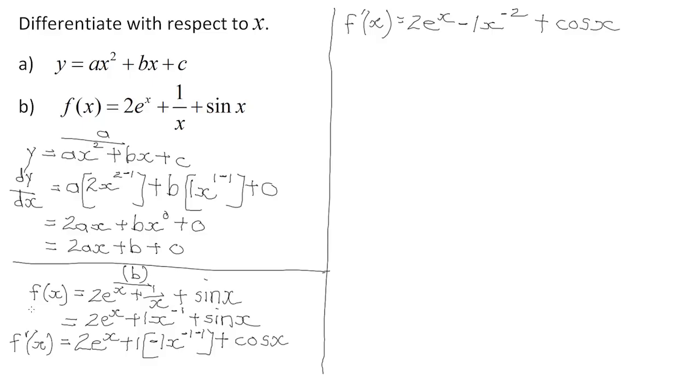In the function, there must be no variable that's part of the denominator. In the derivative, there must be no negative exponent or fractional exponent. In other words, no negative exponent. The exponent must always be positive. So that remains unchanged. Minus, that negative will move now to the bottom to become a positive, plus cos x. So I've just applied the exponent law there.